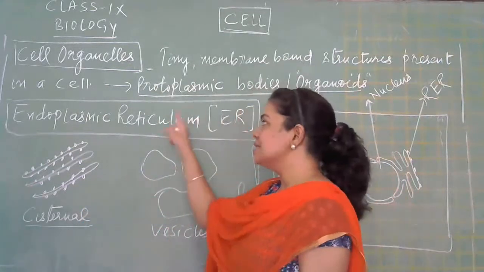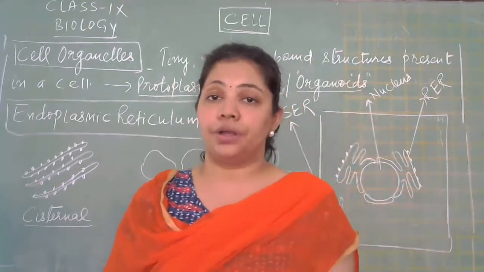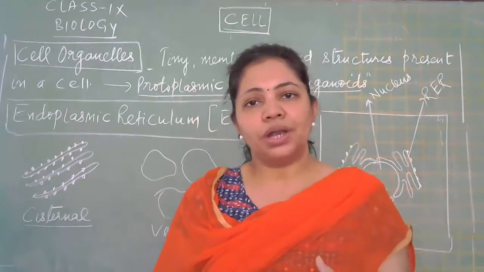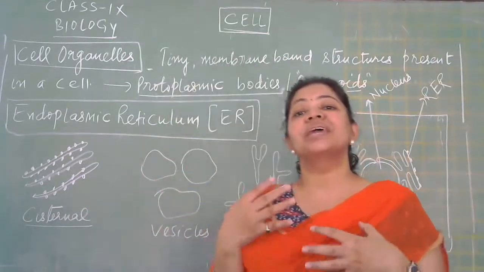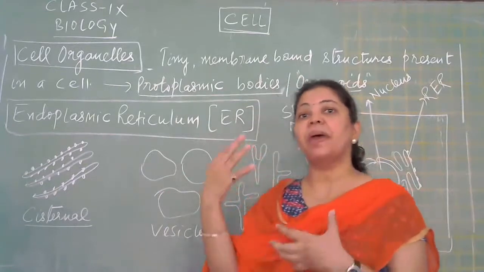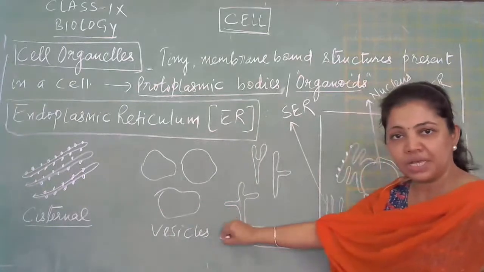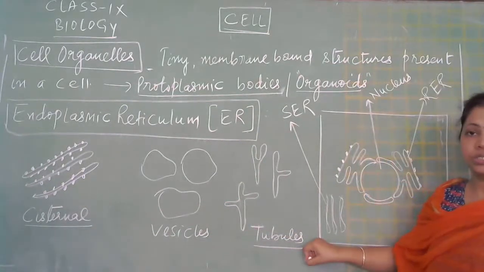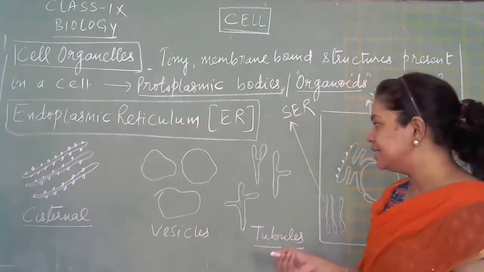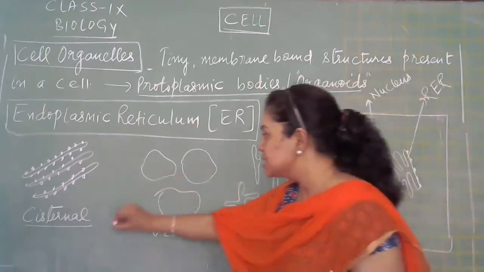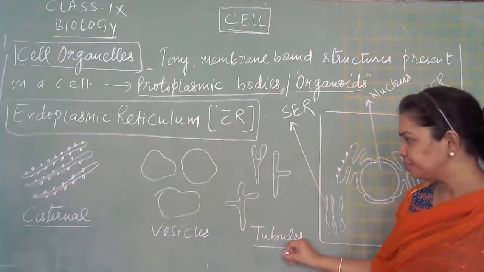Another thing is that endoplasmic reticulum is a kind of network, and this network is made up of membranous structures, which are cisternae, vesicles, and tubules. In short, endoplasmic reticulum is made up of three components: cisternae, vesicles, and tubules, right?